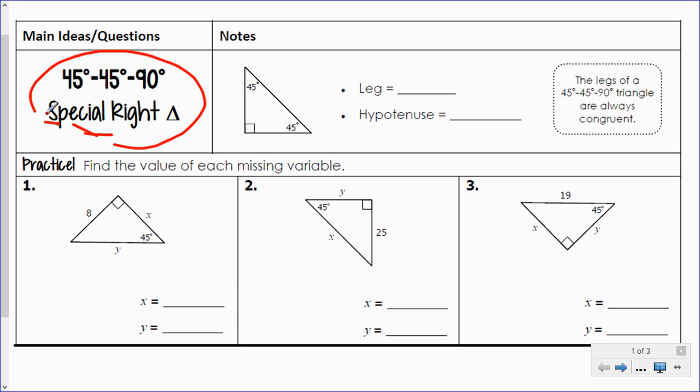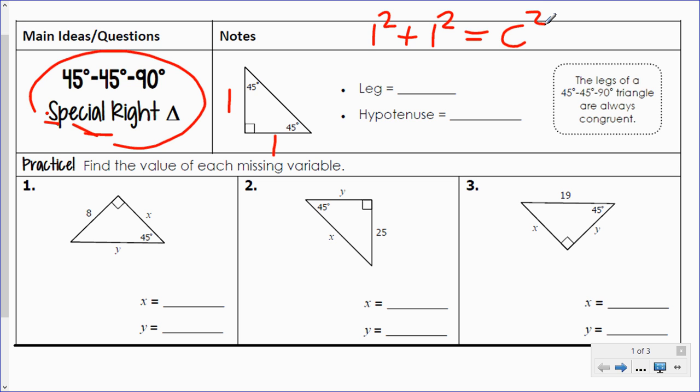And so also, if you think about Pythagorean theorem, in our 45, 45, 90, let's just say that each leg is 1 unit long. And in this case, the legs are the same length, because it's a 45, 45, 90 special right triangle. Well, if we were to use Pythagorean theorem to find the hypotenuse, we would have 1 squared plus 1 squared equals c squared.